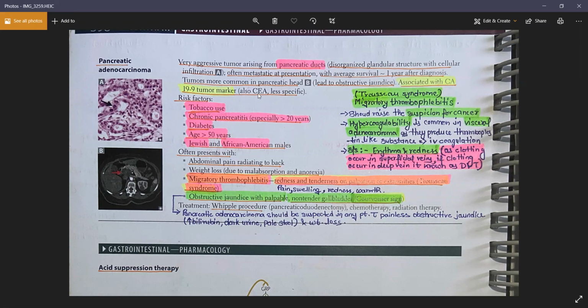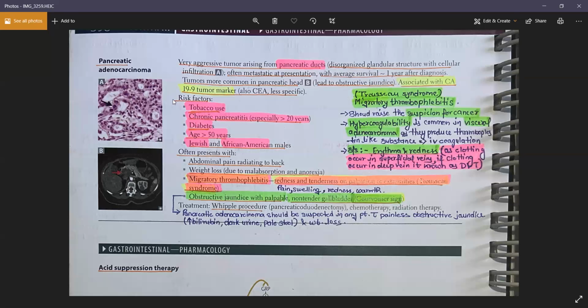And you also have CA125, remember? And CA125 is for? Ovarian cancer. Yes. So remember, CA125 is for ovarian cancer, CA19-9 is for pancreatic adenocarcinoma, and CEA is for colorectal carcinoma.